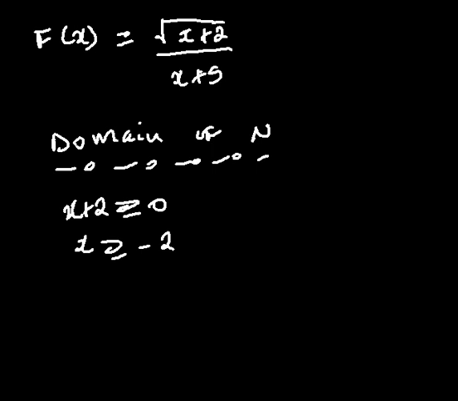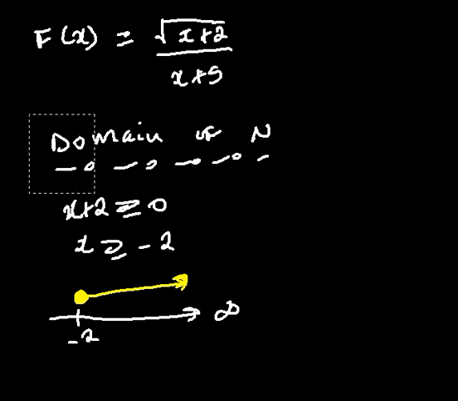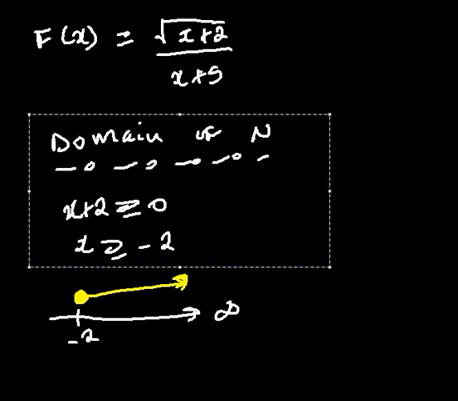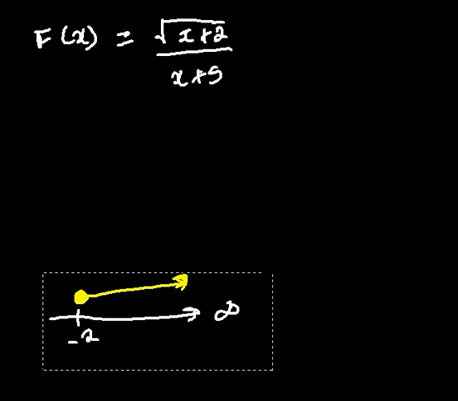On the number line, we have negative 2 here and this is positive infinity, and negative 2 being part of the interval, we'll use this notation. Let's keep that safe.